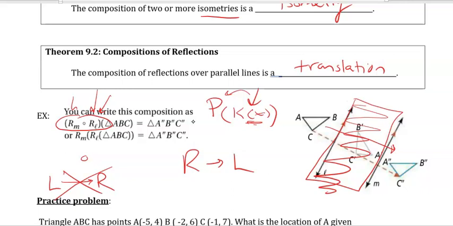This should make sense also. What happens to the orientation after we go over and reflect over one line? Orientation changes, it flips. Okay, it's the exact opposite. But you're like, wait a second, that makes no sense because the translation is not allowed to flip. Well, if you flip it and then you go over and reflect again, what happens?